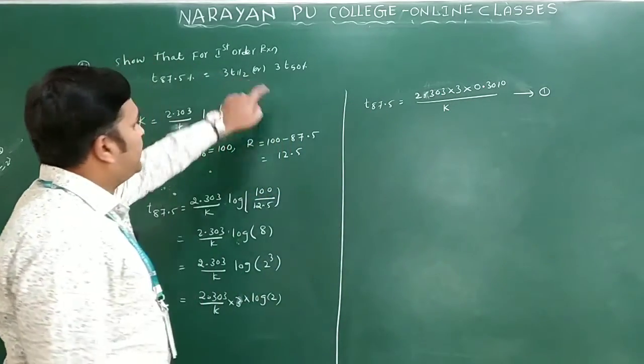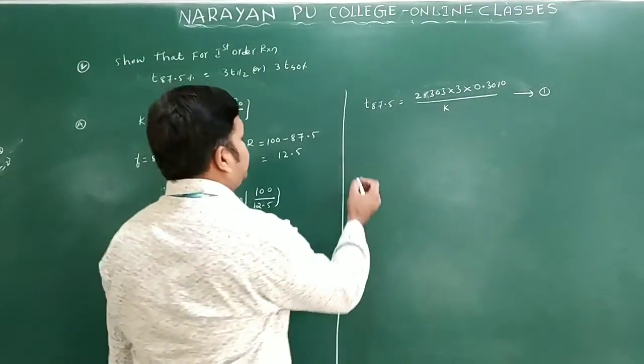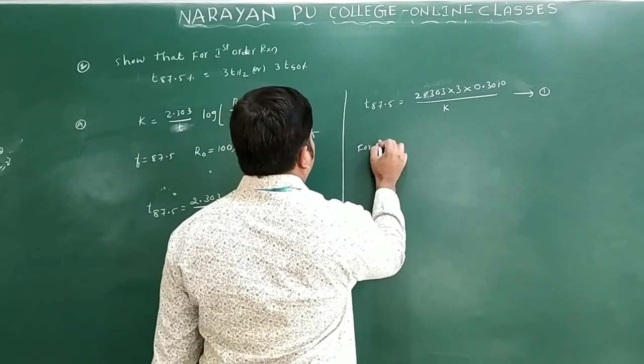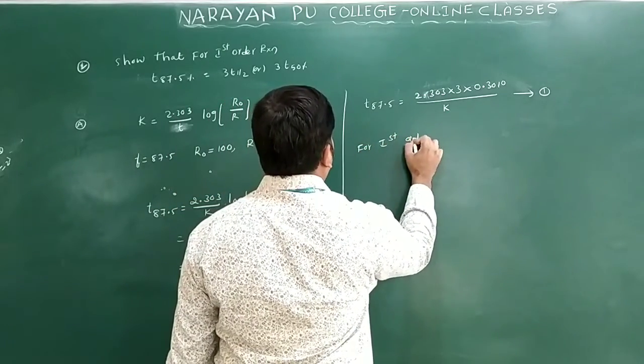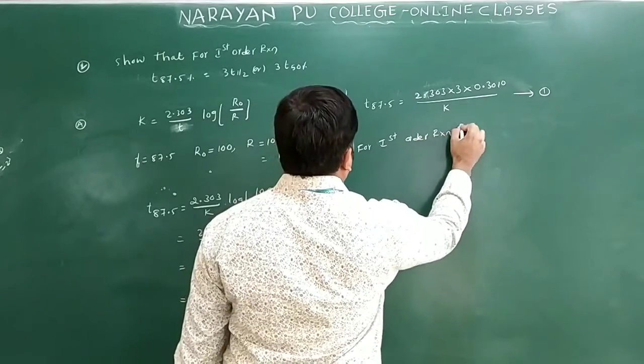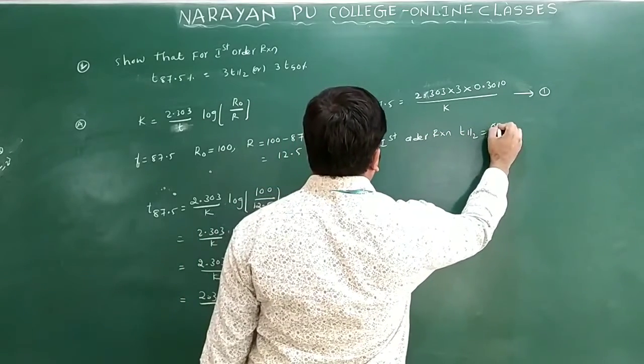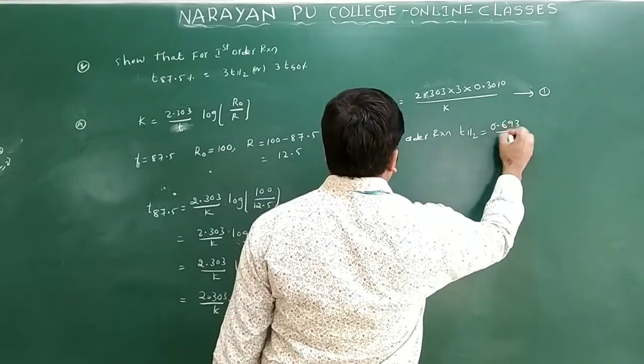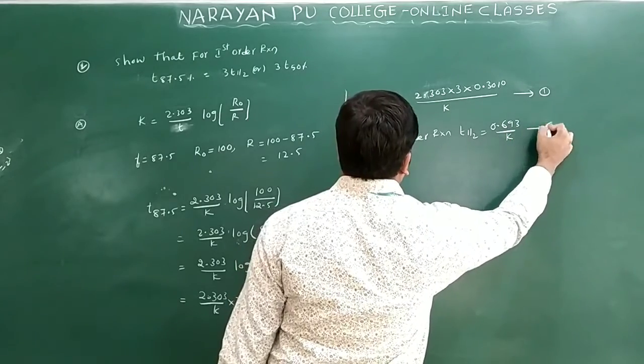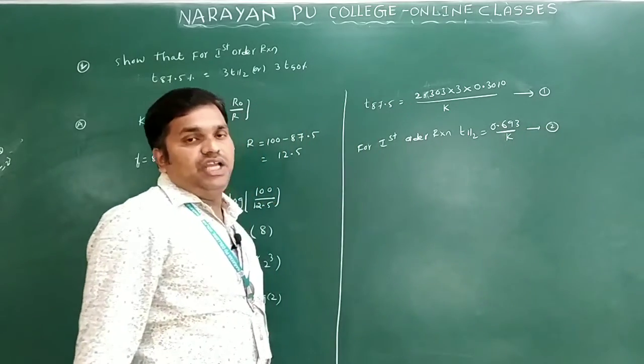So here T half, they ask, for first order reaction, T half is equal to 0.693 by K. This you can take as equation 2.